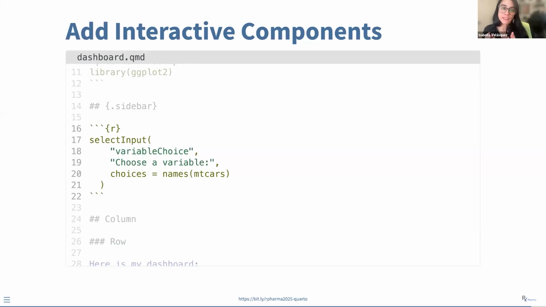You have to specify for Shiny the UI components, so what does the person actually see when they open your dashboard, and then the server component, which is what is actually happening in the backend. So in this case, I'm saying create a way for the user to select a new variable. It's going to say choose a variable, and then it's also going to provide the column names from the mtcars data set as the various choices for the person.